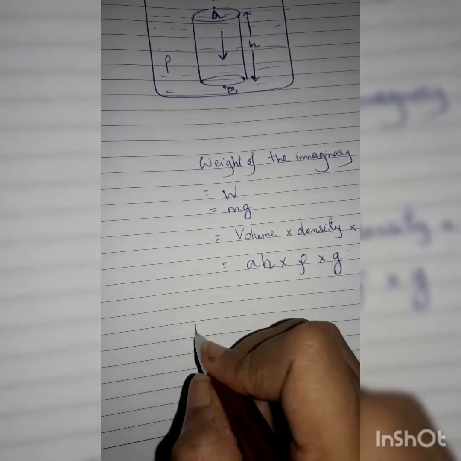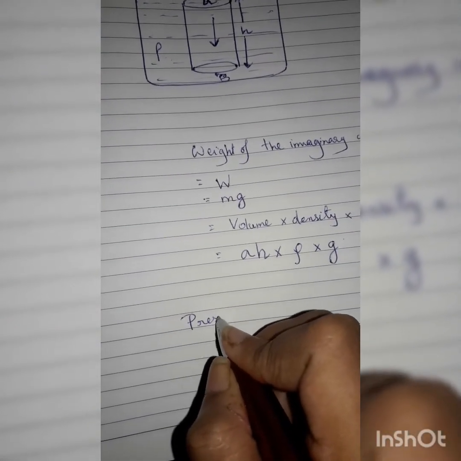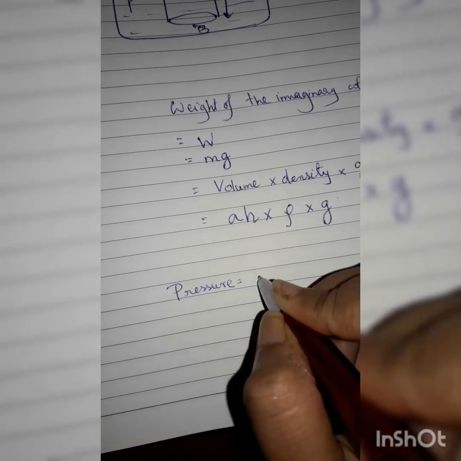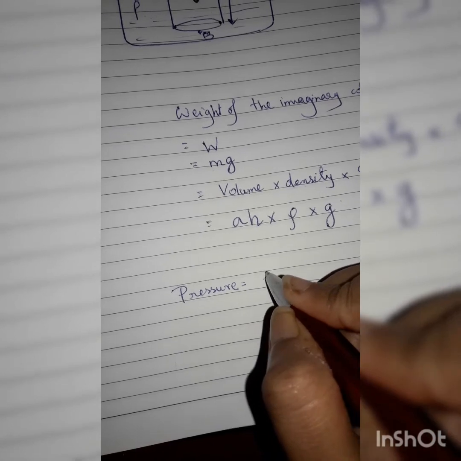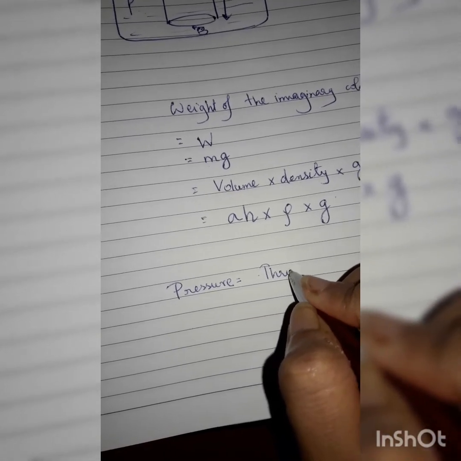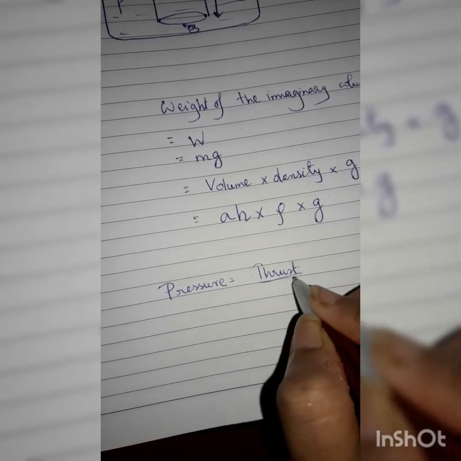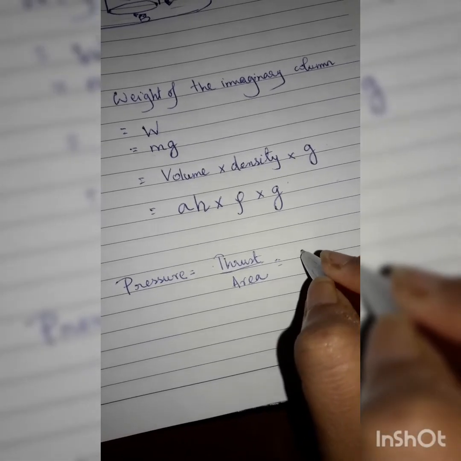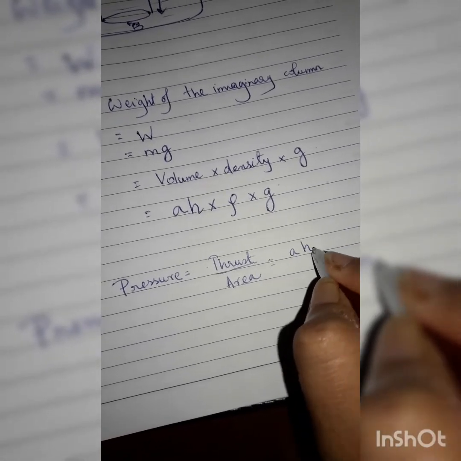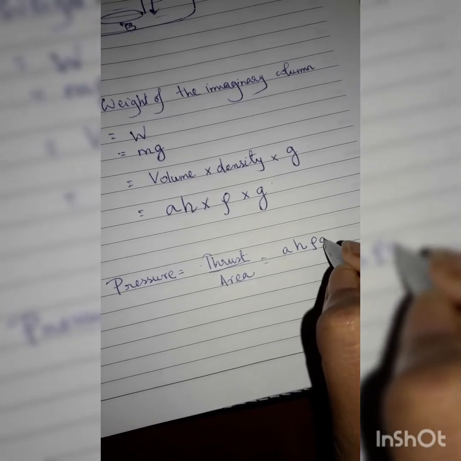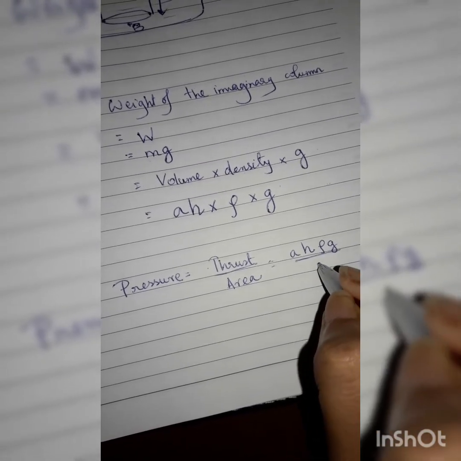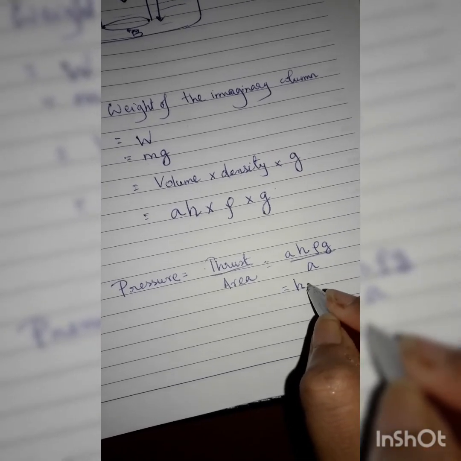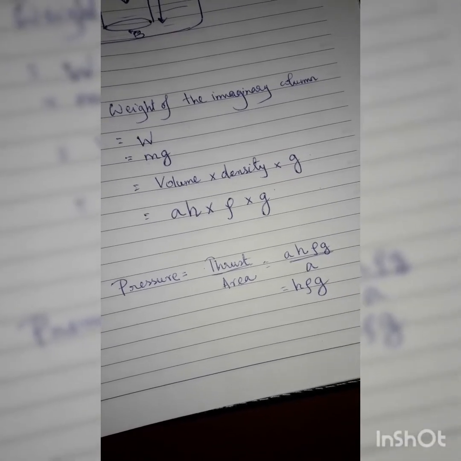Therefore, pressure equals thrust by area. So we have pressure equals Ahρg divided by A, which equals hρg.